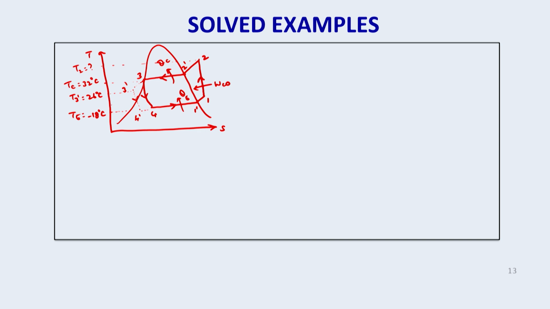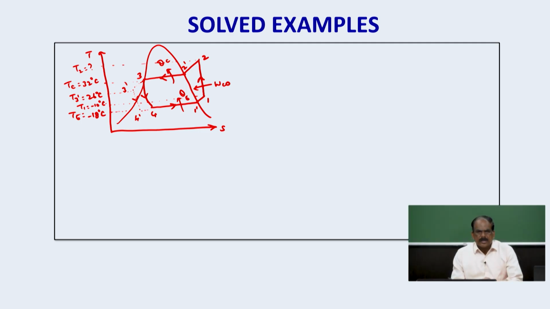So T1 is equal to minus 10 degrees centigrade. So apart from evaporator and condenser temperature, two more temperatures are given. One is the temperature of the refrigerant after it is superheated at the inlet of the compressor, that is T1. This is also given. T3 dash is also given.